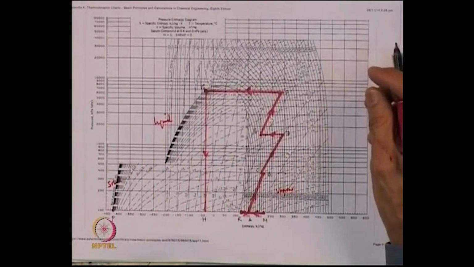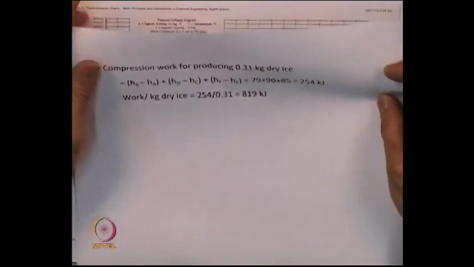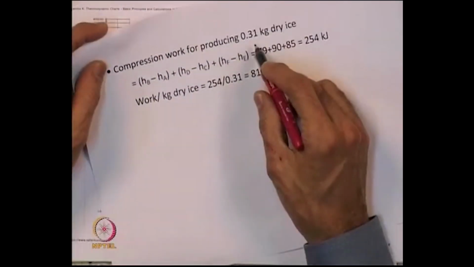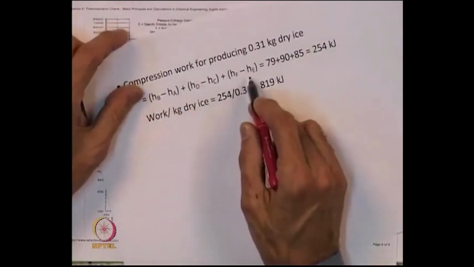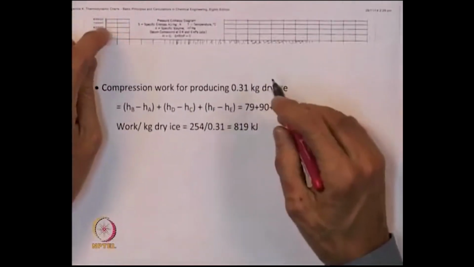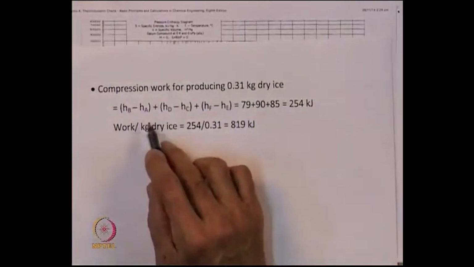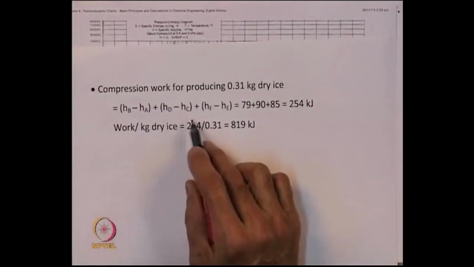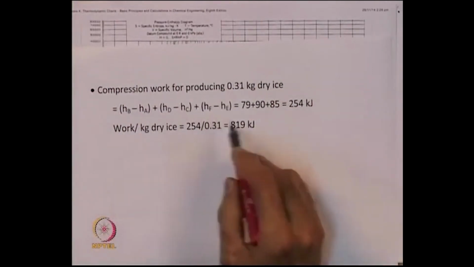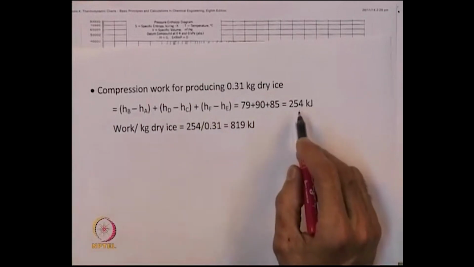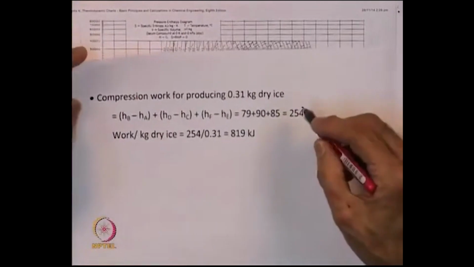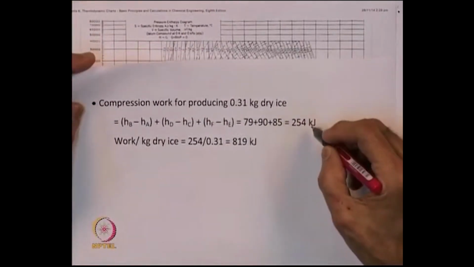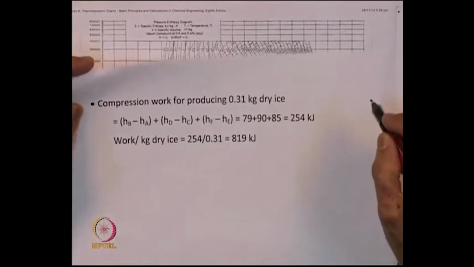The second question is, what is the compression work? Compression work for producing 0.31 kg of dry ice is simply the compression work in the three stages, which we already showed you. It is HB minus HA plus HD minus HC plus HF minus HE, and this whole thing is simply equal to 79 plus 90 plus 85, which we showed you in individual steps, giving you 254 kilojoules.